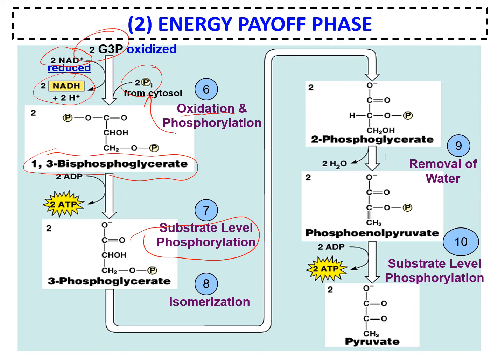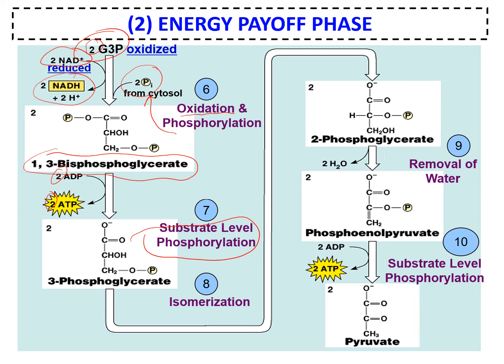Since step 6 involves 2 G3P, everything must involve 2 molecules also. So at step 7, 2 ATP are produced from the removal of phosphate from the 1,3-biphosphoglycerate.